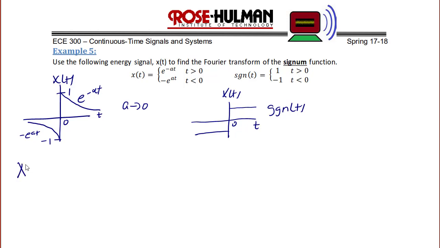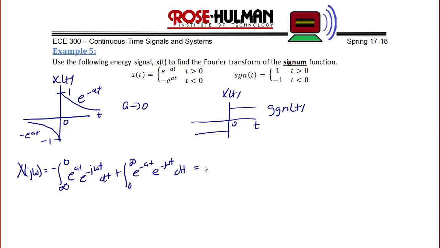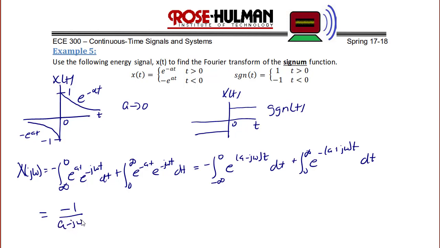So first, for the energy signal, X(jω) is equal to negative the integral from negative infinity to 0 of e^(at) e^(-jωt) dt, plus the integral from 0 to infinity of e^(-at) e^(-jωt) dt, which equals negative the integral from negative infinity to 0 of e^((a-jω)t) dt, plus the integral from 0 to infinity of e^(-(a+jω)t) dt, which equals negative 1 over (a minus jω) plus 1 over (a plus jω).